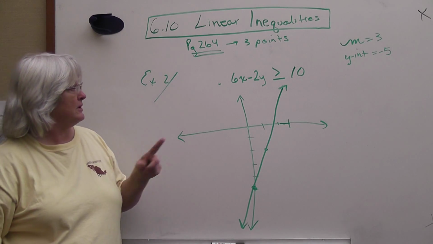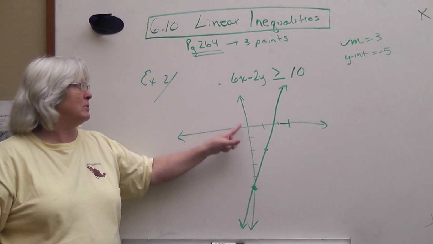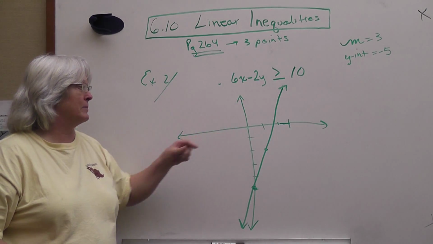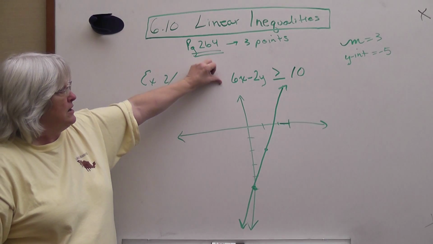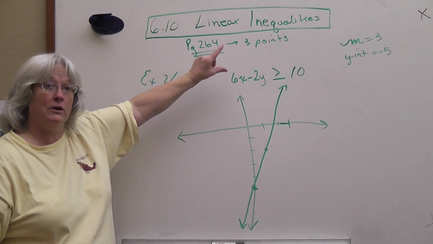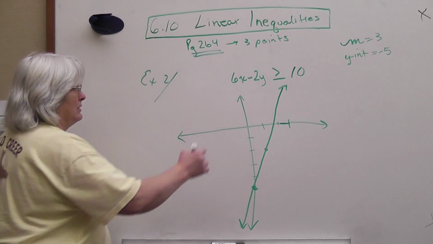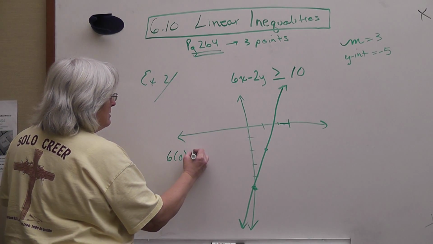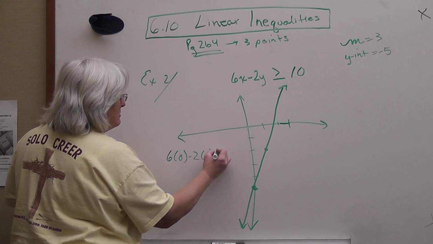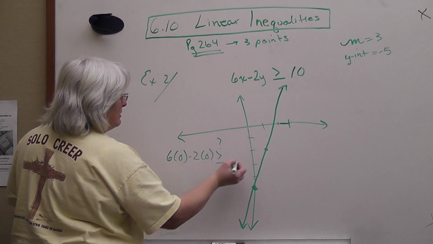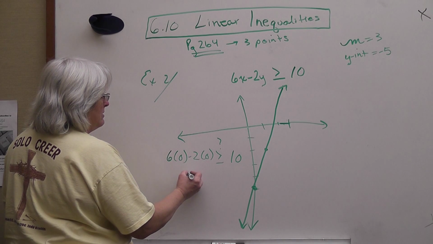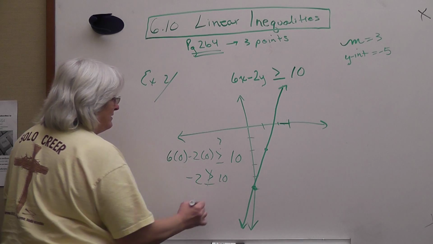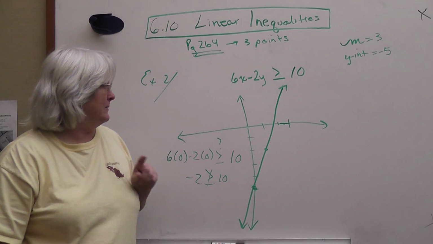Now we need to do our test point. 6x minus 2y greater than or equal to 10. We're going to pick a point and see if we end up with a true inequality or a false inequality. If we use 0, 0, we have 6 times 0 minus 2 times 0. Is that greater than or equal to 10? 0, last I checked, is not greater than or equal to 10.